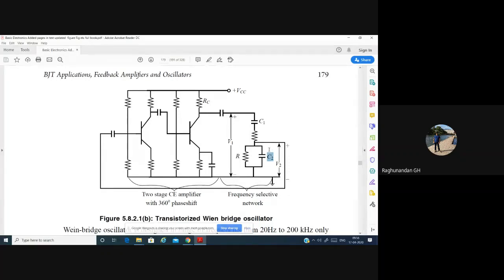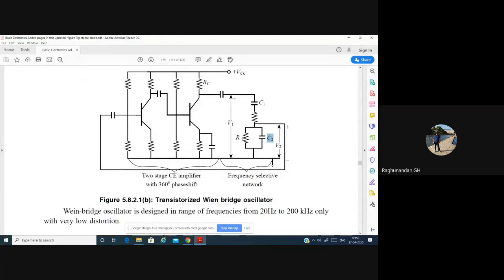So before applying the voltage divider rule, we first have to find the total resistance offered by this branch, so we have to find Z.